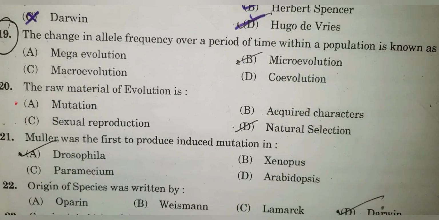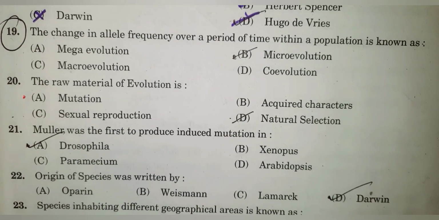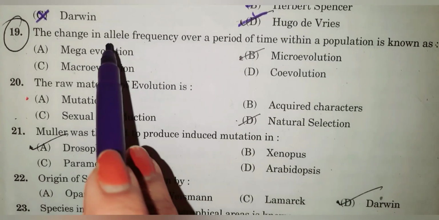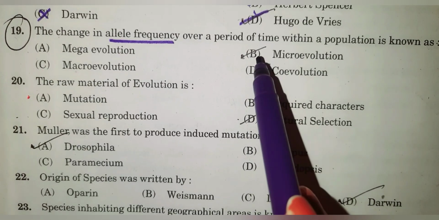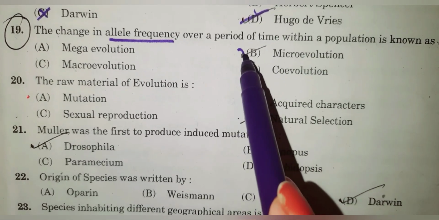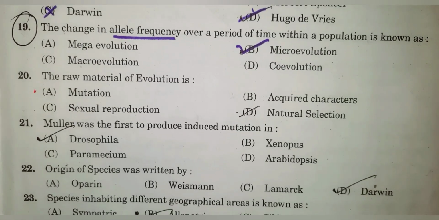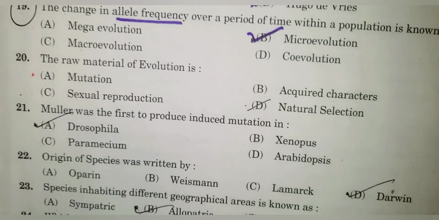Next question. The change in allele frequency over a period of time within a population is known as. See here, allele frequency. Allele frequency is associated with microevolution. So your correct answer is option B. Coming to question number 20.